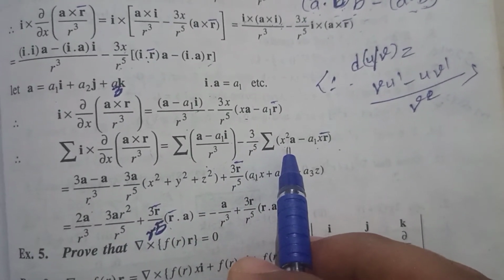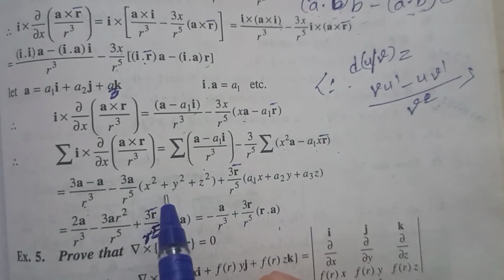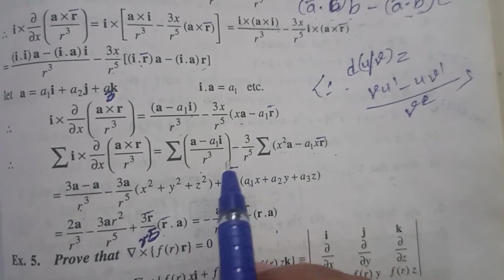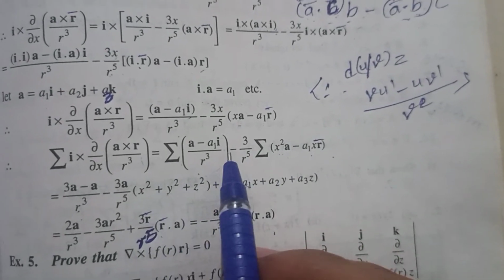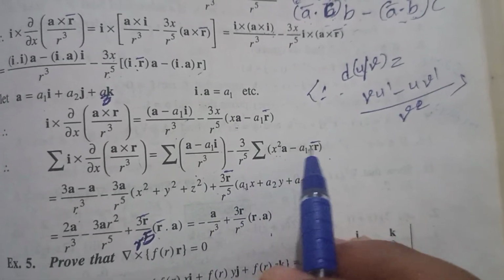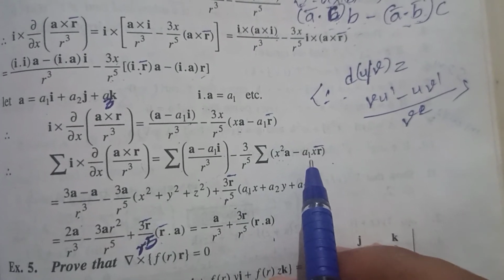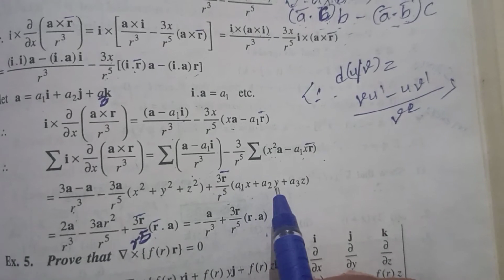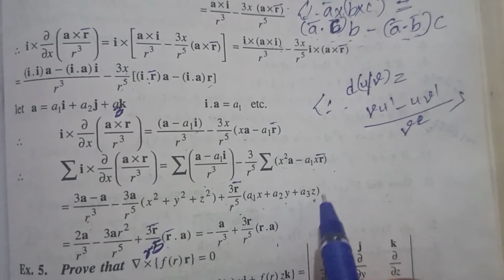So here with respect to î, ĵ, k̂, if you apply the summation you get x² plus y² plus z². That means here we are multiplying this term for these two. This minus into minus will become plus. So 3r̄ by r⁵. Here with respect to î, ĵ, k̂, apply the summation means a1x plus a2y plus a3z we will get.